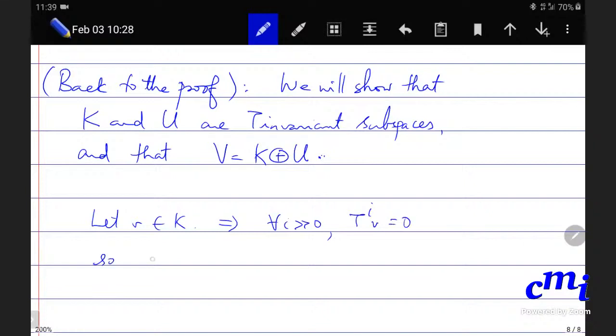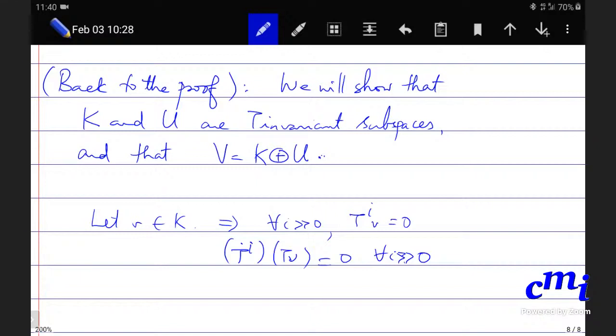So therefore, if you take T to the i of T of v, this is just T to the i plus 1 of v. But if T to the i v is 0, then this is true for T to the i plus 1 also. Okay. But of course, this is true for every sufficiently large i.